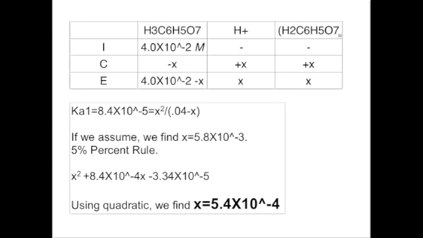So then we just put that in quadratic form, and then we have x squared plus 8.4 times 10 to the negative fourth x minus 3.34 times 10 to the negative fifth. And so, using the quadratic formula, we find that x is equal to 5.4 times 10 to the negative fourth.